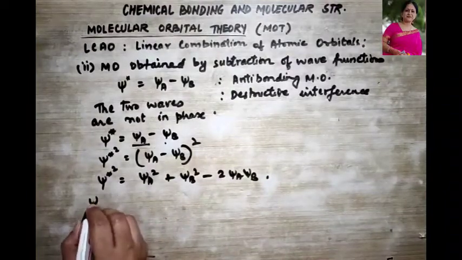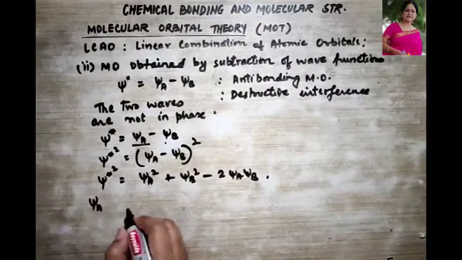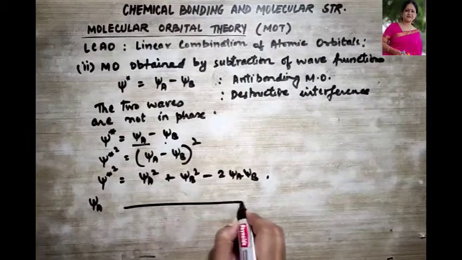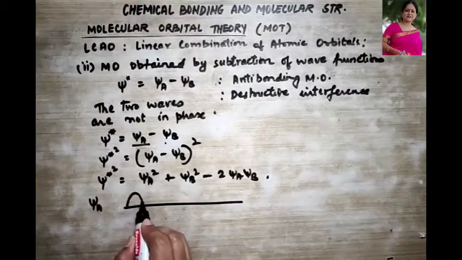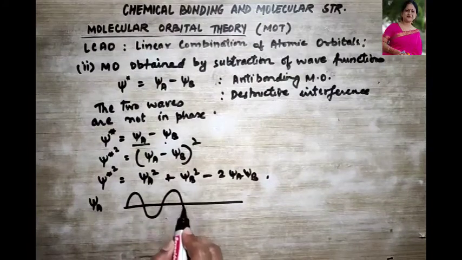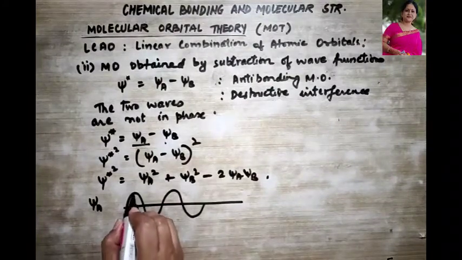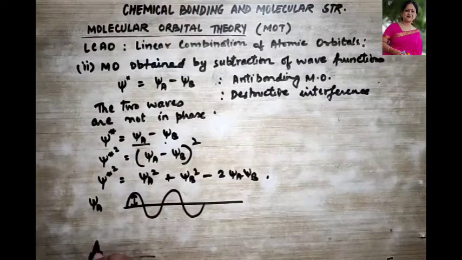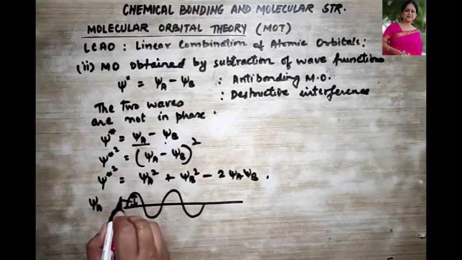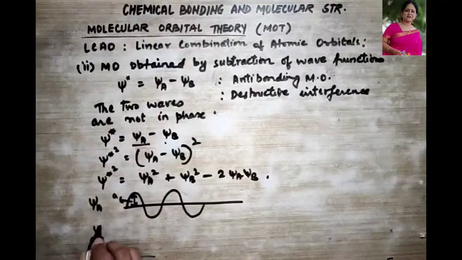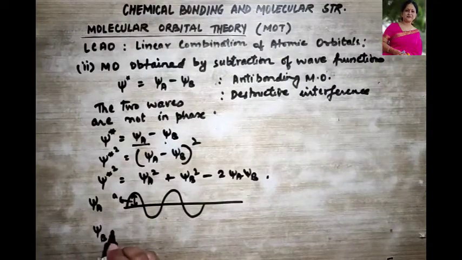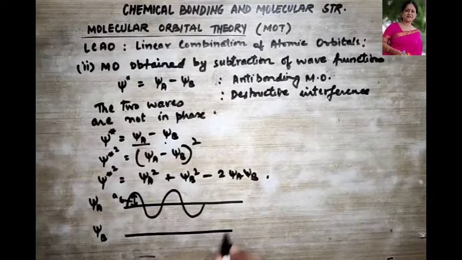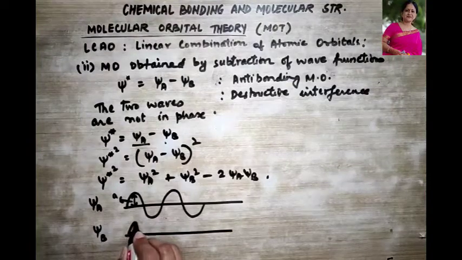So suppose this is your wave function A, as I had shown you earlier, the amplitude of wave function A, right? Let's look at the wave function. The amplitude of wave function B will also be the same.